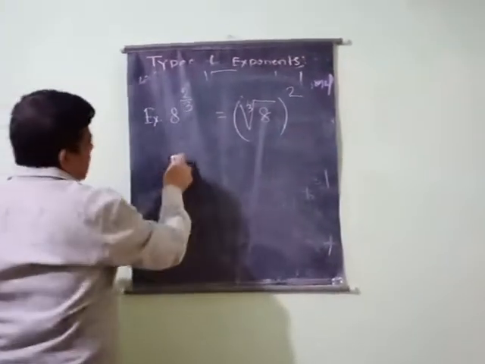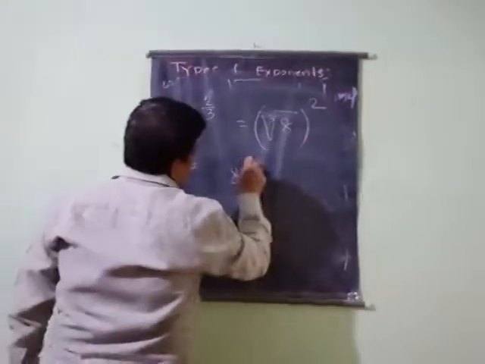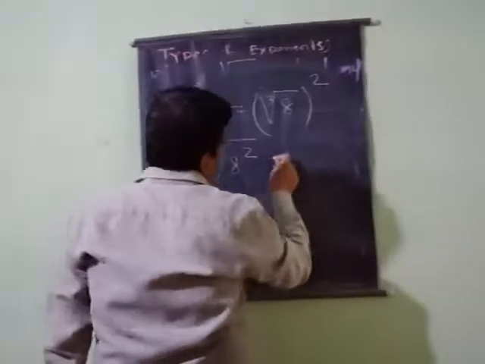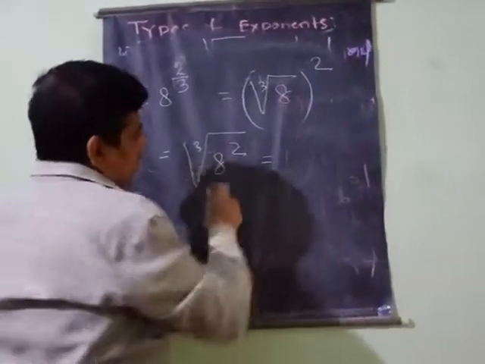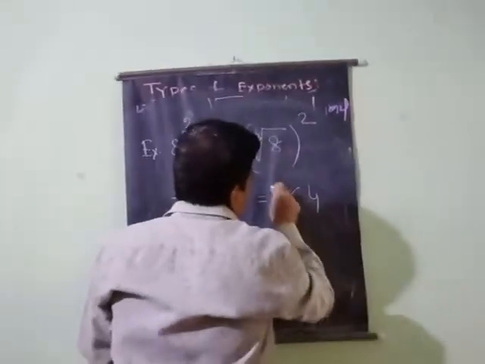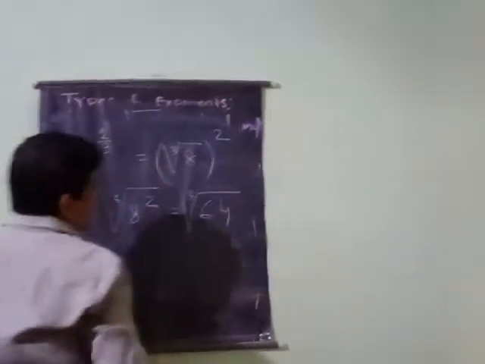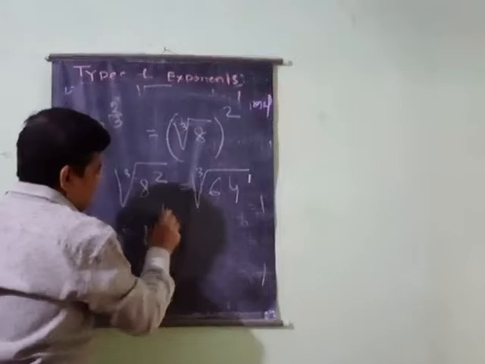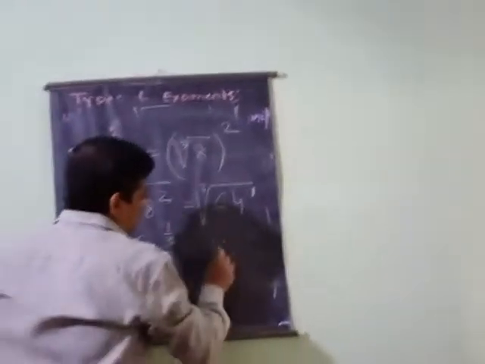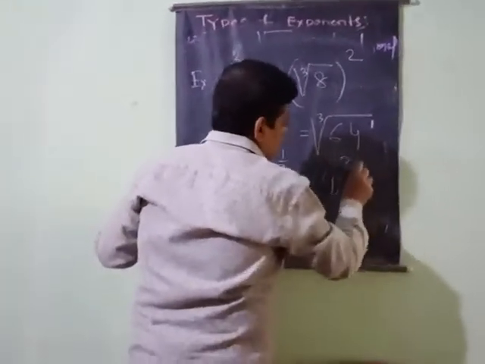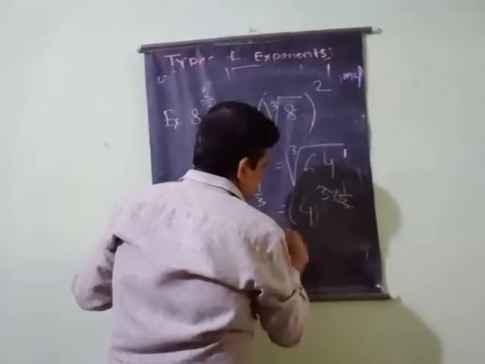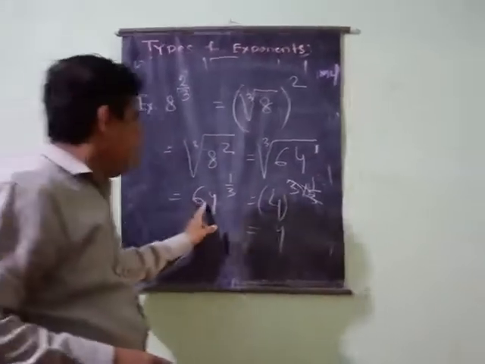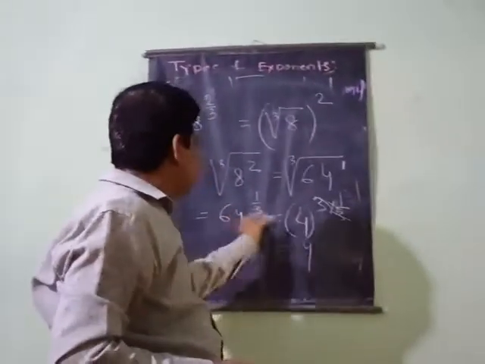I can also write it as the cube root of 8 squared. So 8 squared is how much? 64. And 64 to the power 1 upon 3 is equal to 4 to the power 3 into 1 upon 3. The 3s cancel, so the answer is 4. Understand?